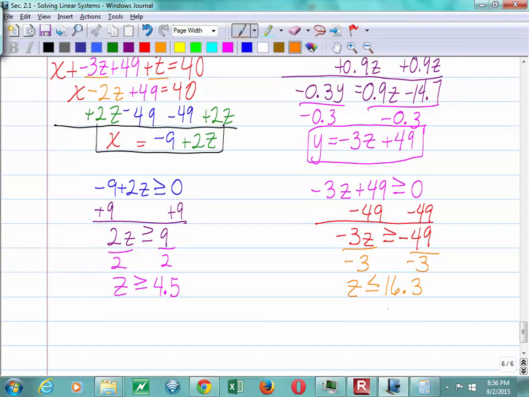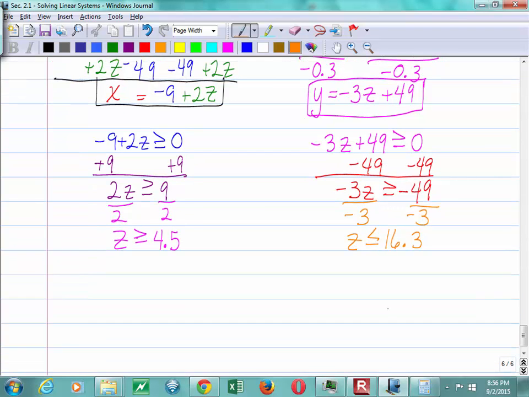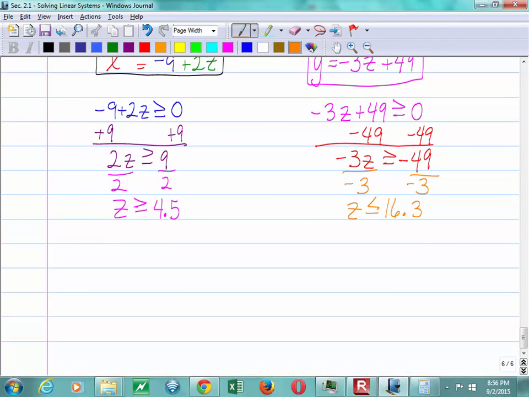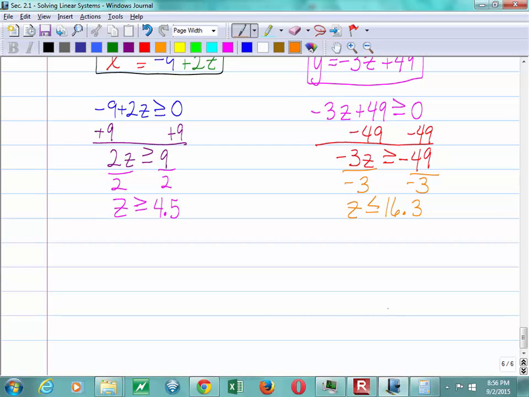Okay, so now z represents the number of spoons. So that number obviously has to be a whole number. It has to be greater than or equal to 4.5 and less than or equal to 16.3. So that gives me, it can be 5, 6, 7, 8, etc., all the way up to 16.